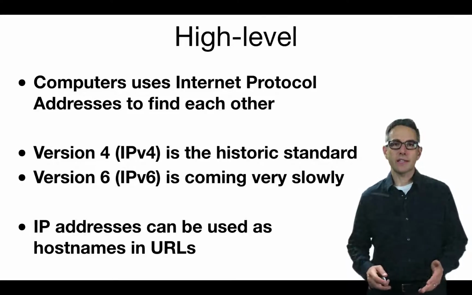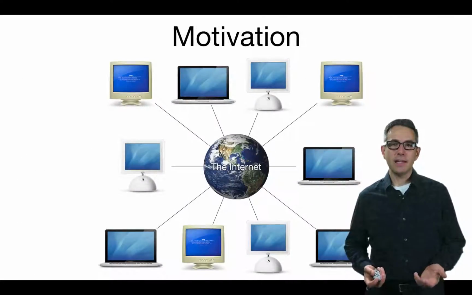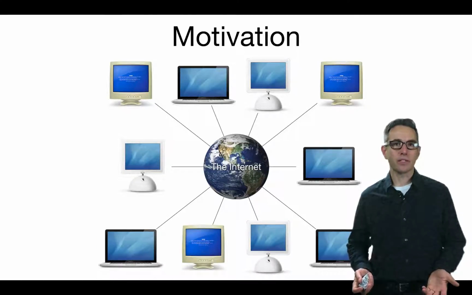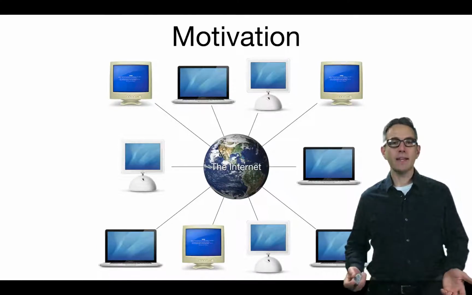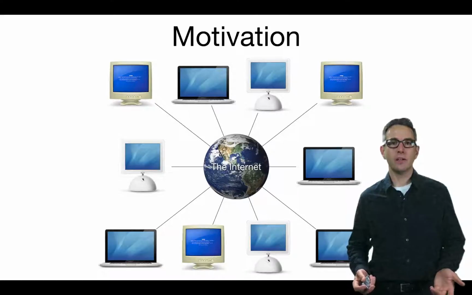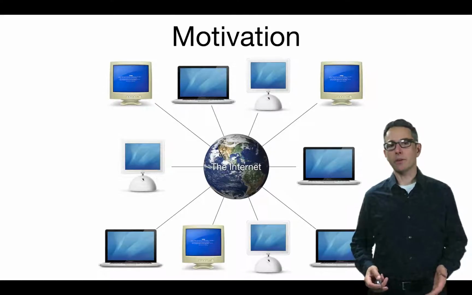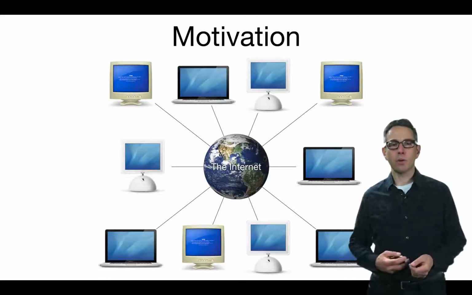So the motivation for this addressing scheme is that once there are lots of computers connected to the Internet, it's great that they all are able to communicate with each other, but being able to find another computer requires some mechanism of coordination.